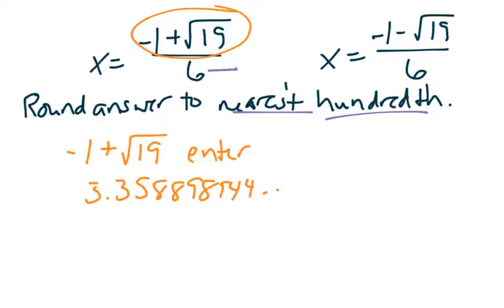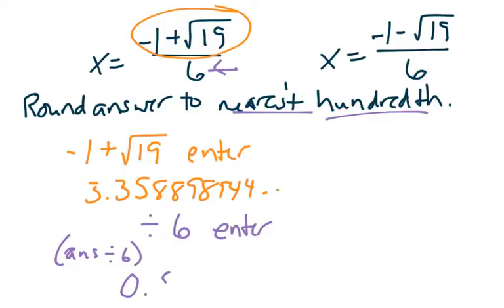We still have the divided by 6 on the bottom, so after you get that answer, don't do anything, just hit divided by 6 and then enter, and it should show something like ANS divided by 6 on the screen, and that gives you 0.5598, and it keeps going. Now the nearest hundredth means this spot right here. The number after it is 5 or bigger, so we want to move this one up to a 6 and not write that. So our first answer is 0.56.